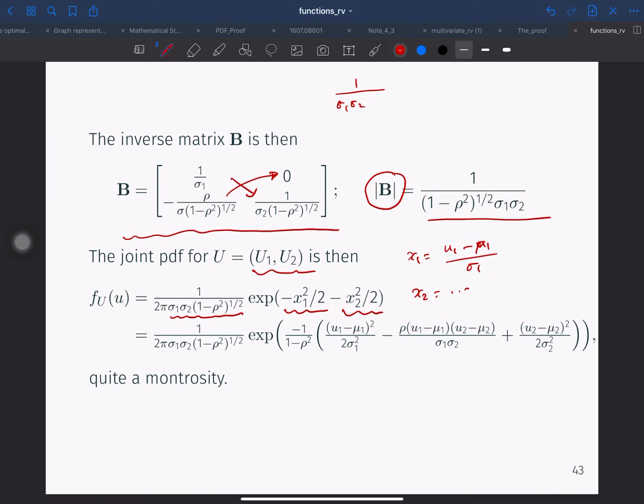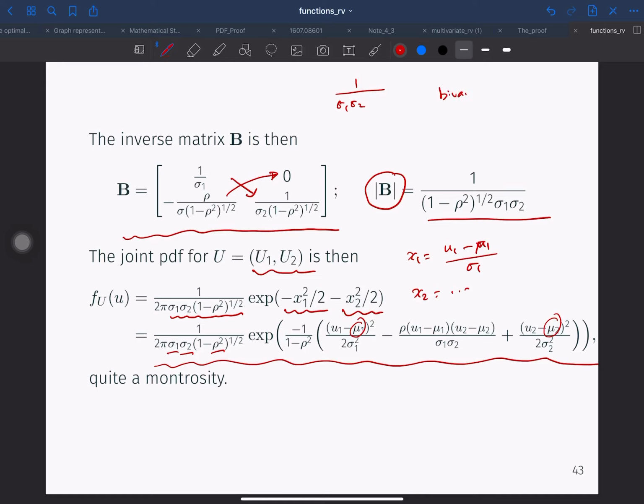After some simplification, this is the joint PDF for U1 and U2. And this expression is, I think, quite a monstrosity. You have 5 parameters floating around: sigma 1, sigma 2, rho, mu1, and mu2. This is known as the bivariate normal distribution.